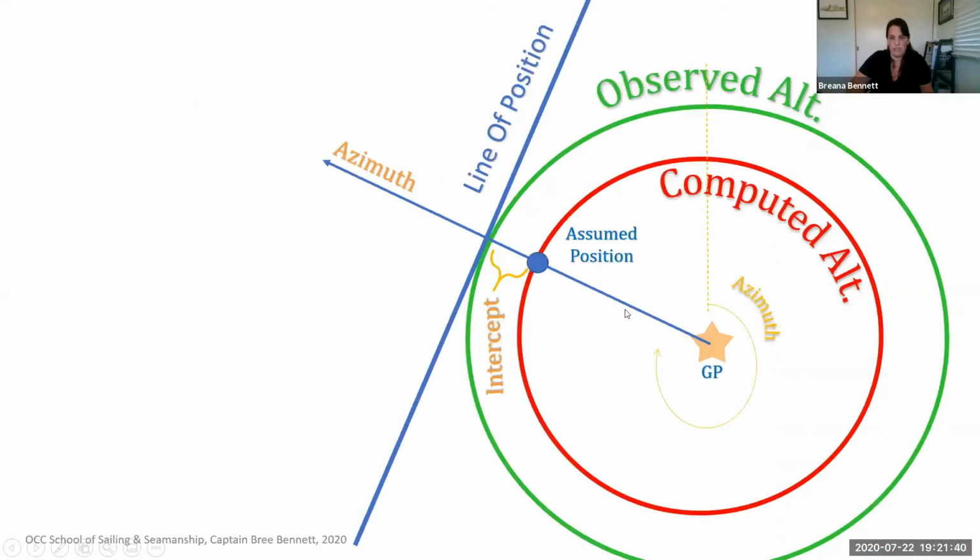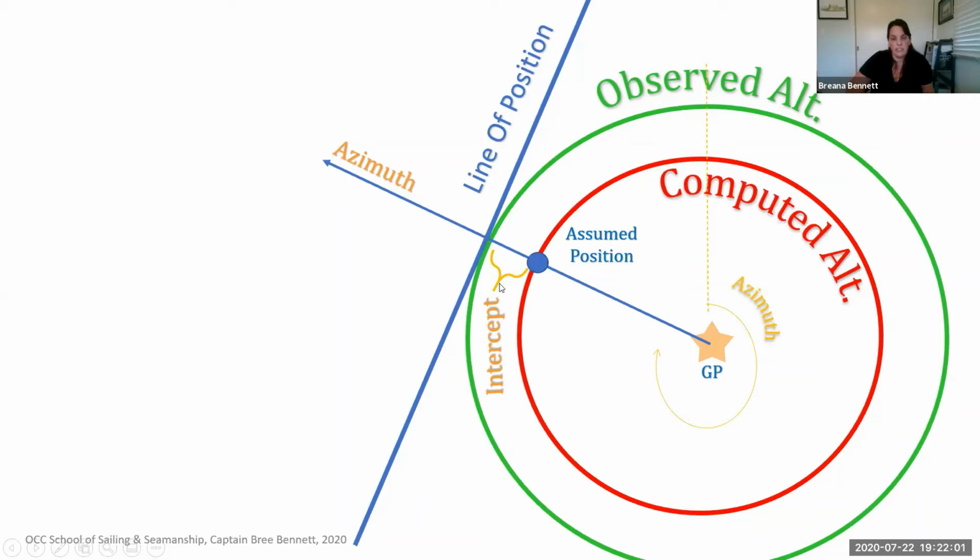So, review here. We have our assumed position and then the intercept and the azimuth, and that's how we create a line of position. Our assumed position takes into account our LHA. That's why we need our LHA, very important. The azimuth is the ZN.